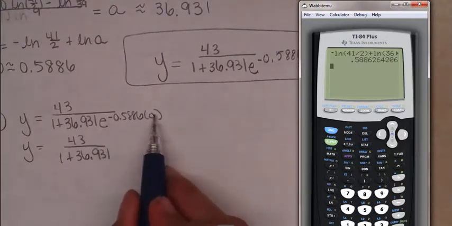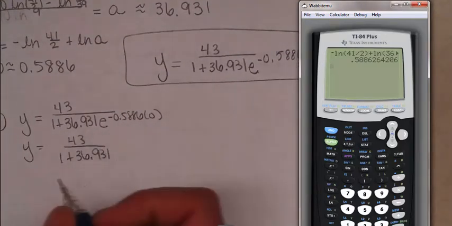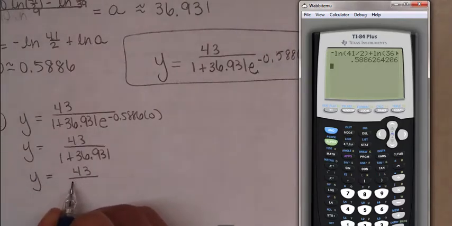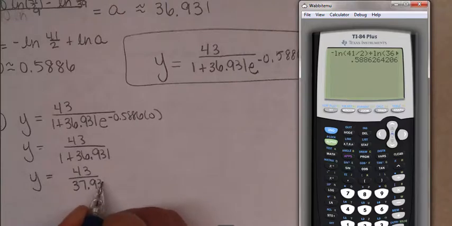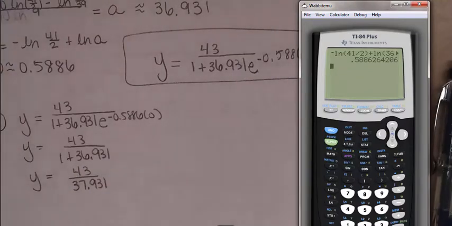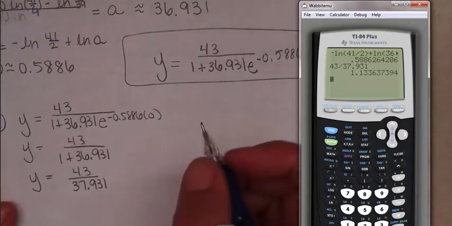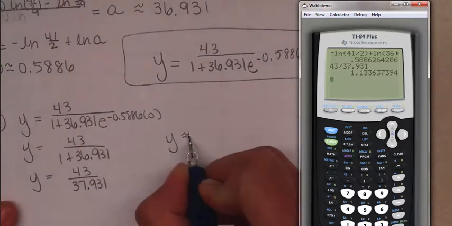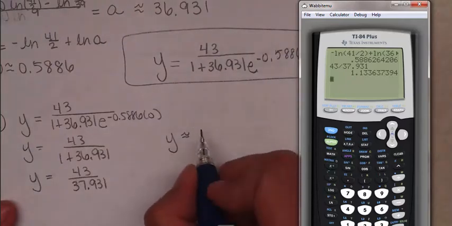Right, so e to the 0 is just 1, so I'm just left with this. So really it's 43 divided by 37.931. Putting that in my calculator, I get y is approximately, now this is in thousands of people, right?